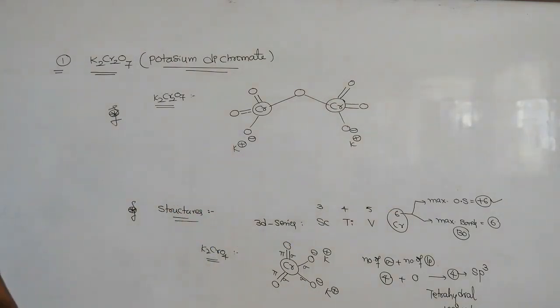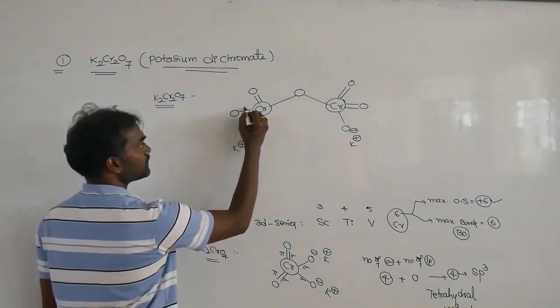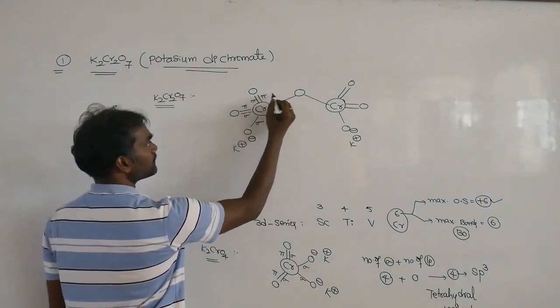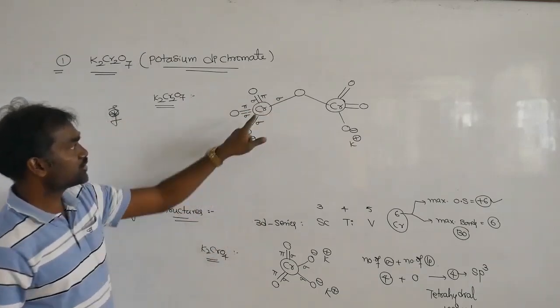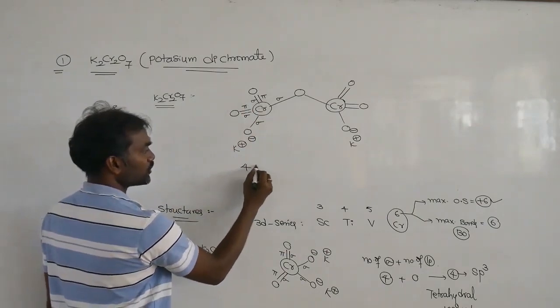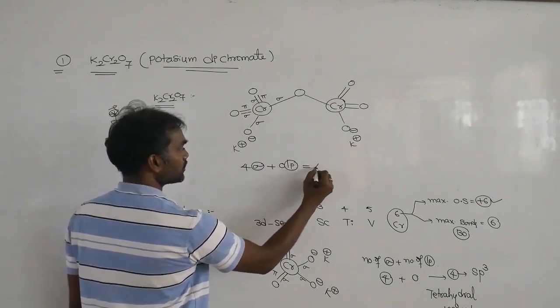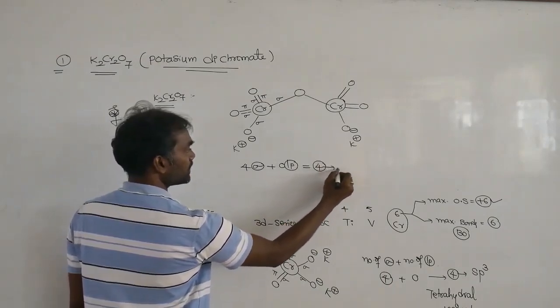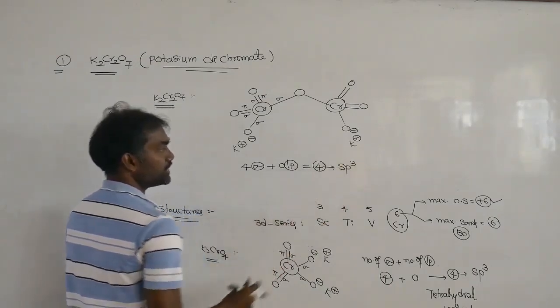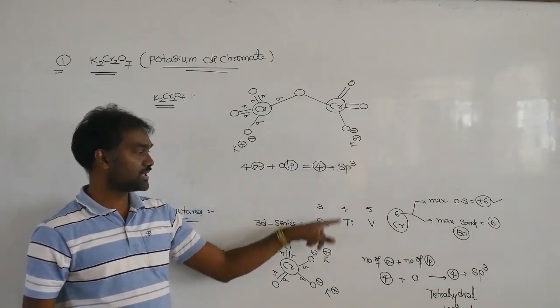Next, here also, what will be the hybridization? 1 sigma, sigma pi, sigma pi. This chromium is surrounded with 4 sigma bonds and 0 lone pairs, so here also the number is 4. 4 means hybridization is sp3: one is S, another 3, so 1 plus 3 is 4.